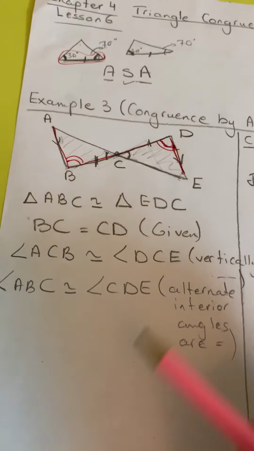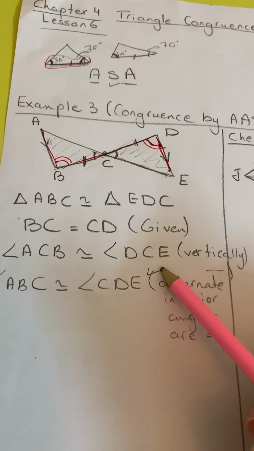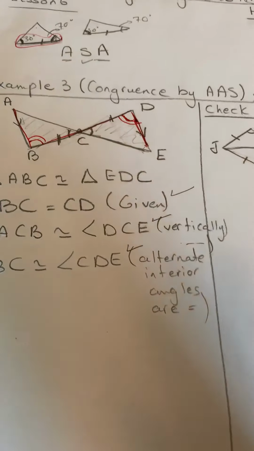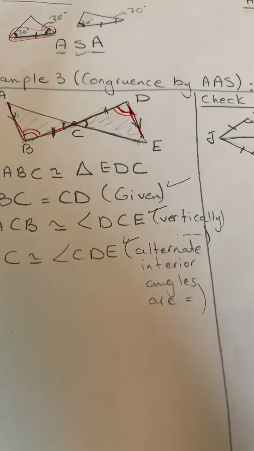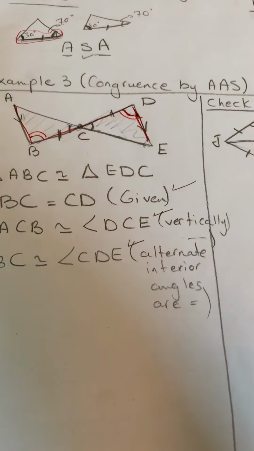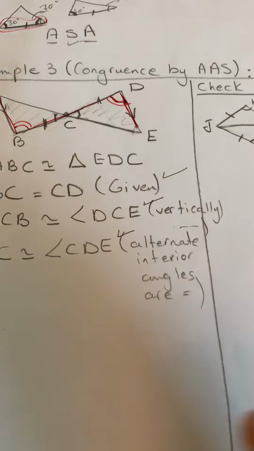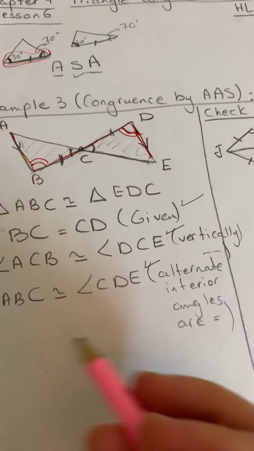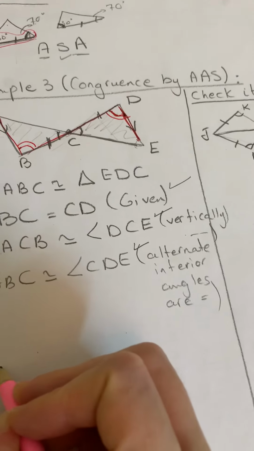So now I have one angle, two angles, and one side. Without looking at where the two angles are situated, are they next to the side or not? That's it. If I have two angles and one side congruent, the triangles are automatically congruent.